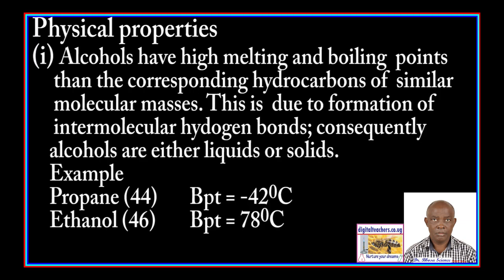Physical properties. 1. Alcohols have higher melting and boiling points than the corresponding hydrocarbons of similar molecular masses. This is due to formation of intermolecular hydrogen bonds.